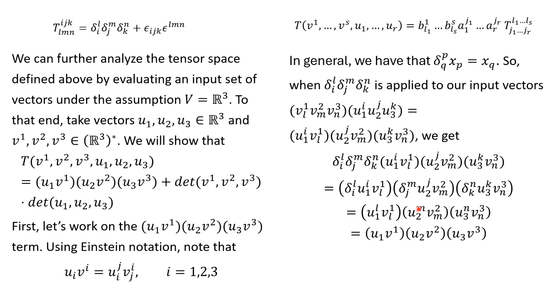This is only non-zero when M is 2, and this is non-zero only when N is 3. And so we get this, and that's our first term in the equation that we want to prove. Then the next step is we want to apply the product of these 2 Levi-Civita symbols times our coefficients for our 6 vectors. And we do that on the next slide.